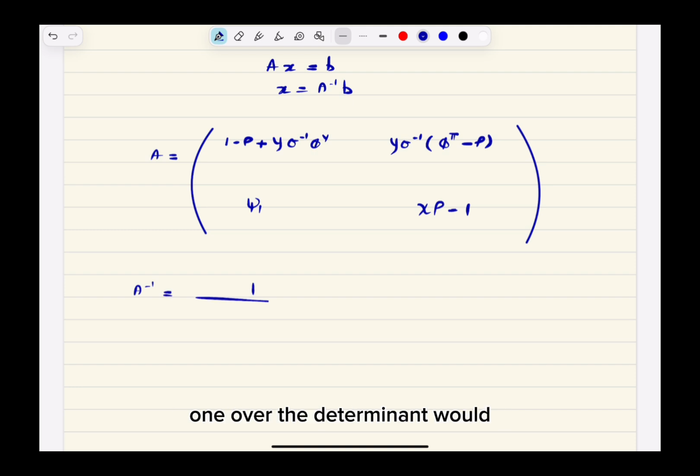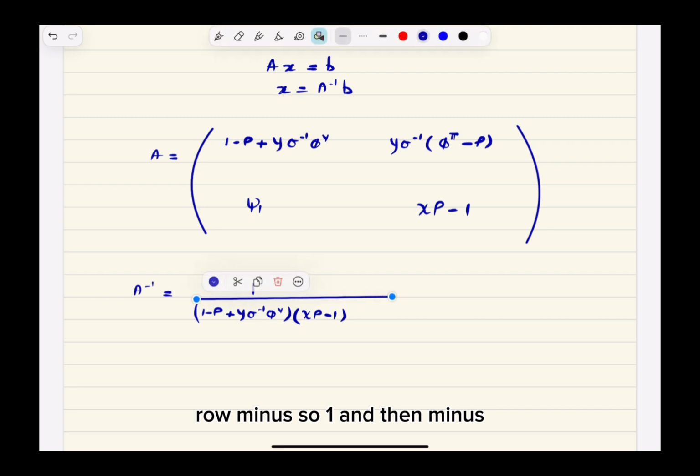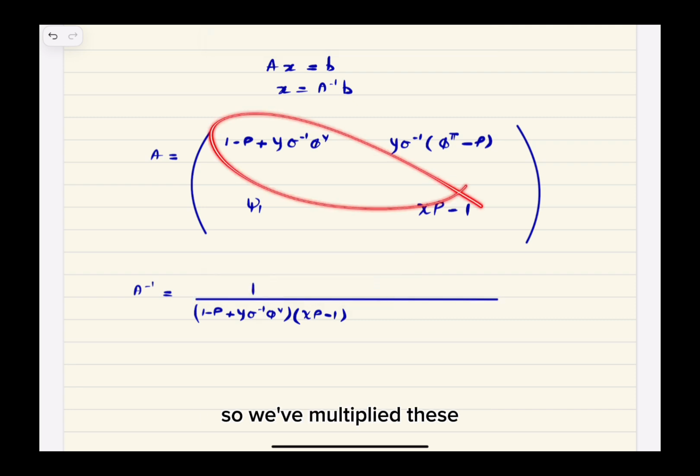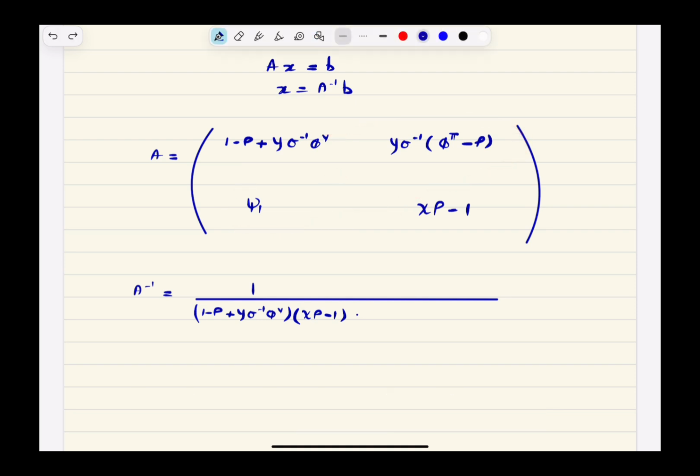Okay, 1 over the determinant, which would be a 1 minus rho plus gamma inverse of sigma, coefficient of output, being multiplied by x rho minus a 1, and then minus, so we've multiplied these, I'm going to minus the product of these two. So minus this into that.